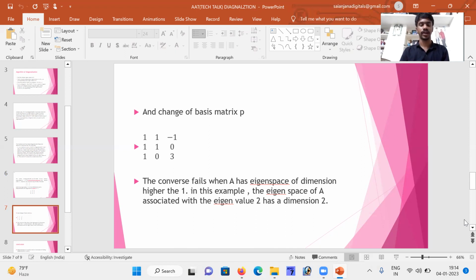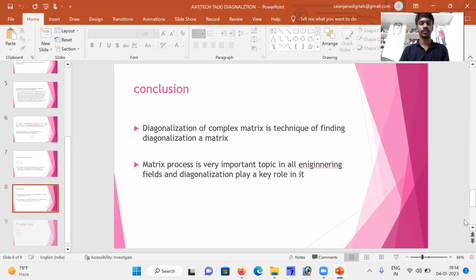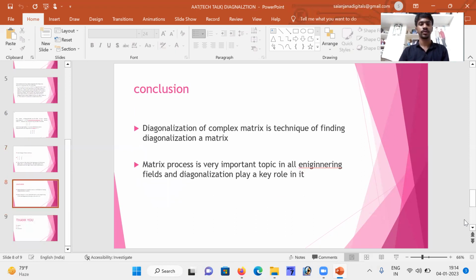At last, we go to the conclusion. Diagonalization of a complex matrix is the technique of finding the diagonal form of a matrix.